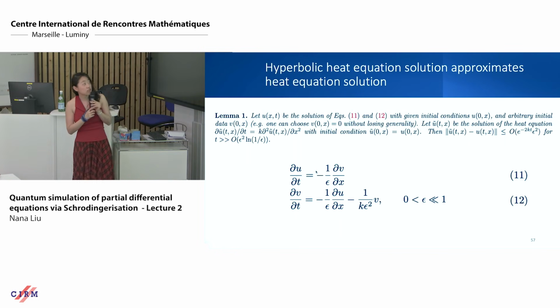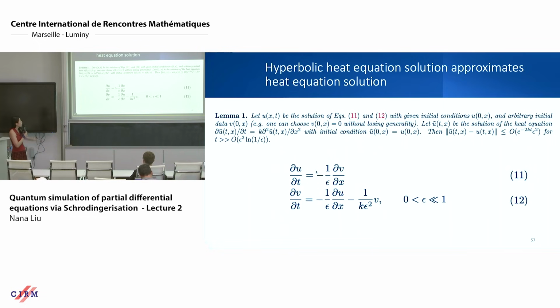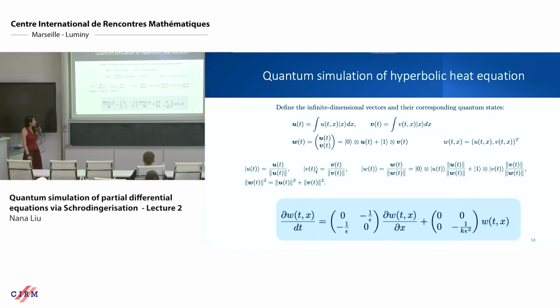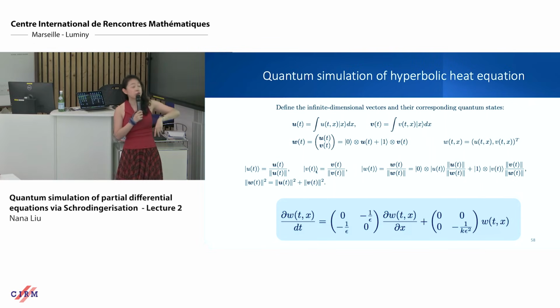Then you can show that this system is a good approximation: at long enough times, remember when you're zooming out of the system and looking at it over a longer time period, then you can approximate u tilde with high precision, the larger your time. So now we can do Schrodingerisation. What we do is that now we have a system of PDEs.